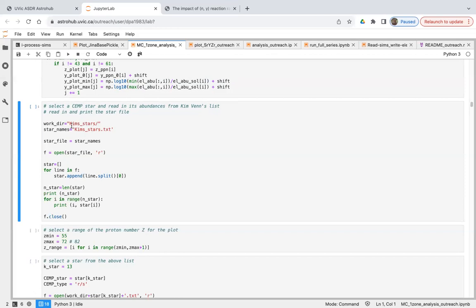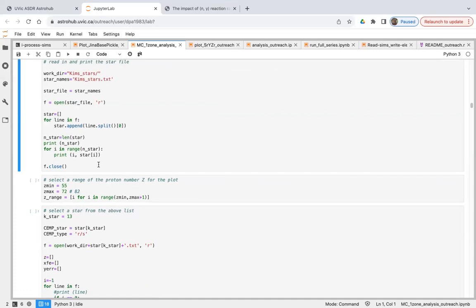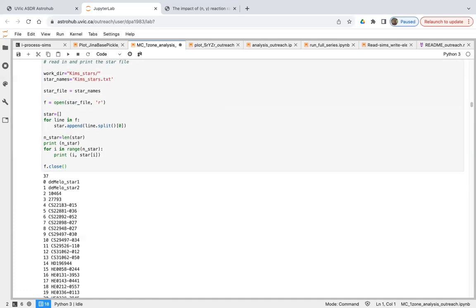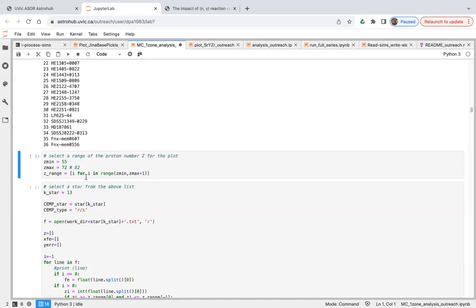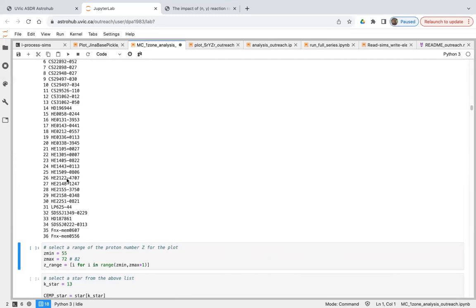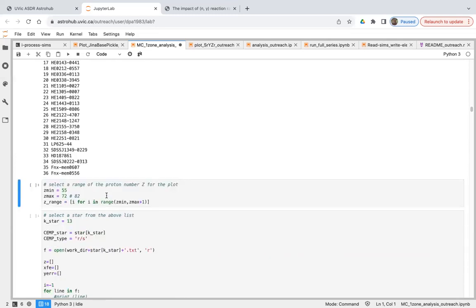She is a stellar spectroscopist, and she changed abundances of some stars. Yeah, so she had some motivation for this. So this is the list of CEMP-r/s abundances from Kim Wen's list, from Kim's stars.